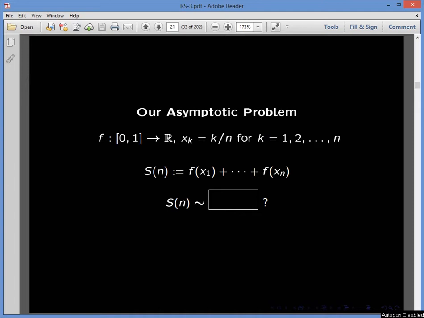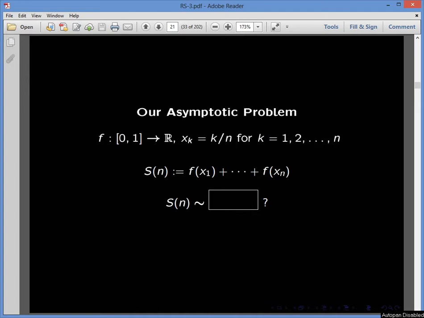And the x_k are n evenly distributed points between 0 and 1. Our S_n is the sum of all those function values, f of x1 all the way to f of xn. So if you choose 1,000 points between 0 and 1, then it will be a sum of 1,000 values. Like the digits of pi, we have some sort of idea of what's happening to f of x.